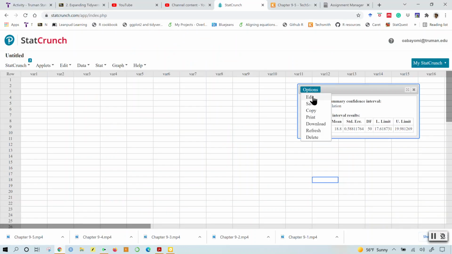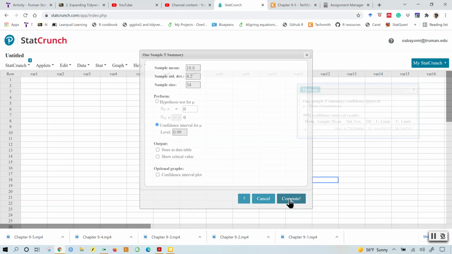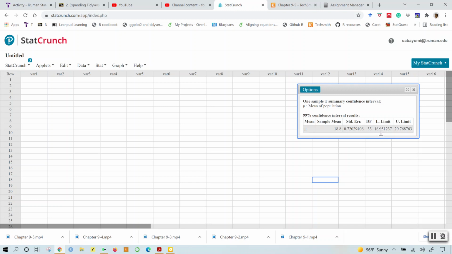We're going to go to Options, Edit, and we still have all of these pieces. We want to make sure that the sample size is 34 so that it matches part A. And then the confidence level, we want to change that to 0.99 and compute. So in this case, you have 16.83 to 20.77.